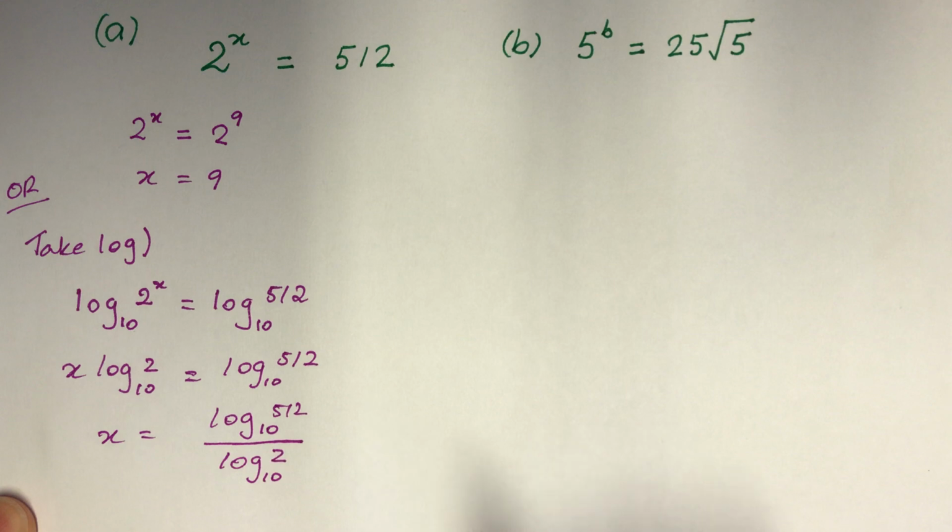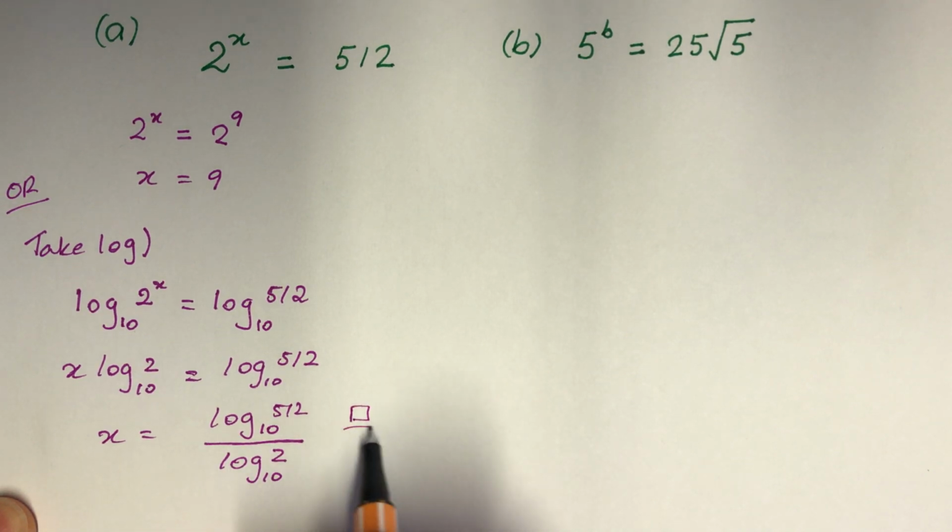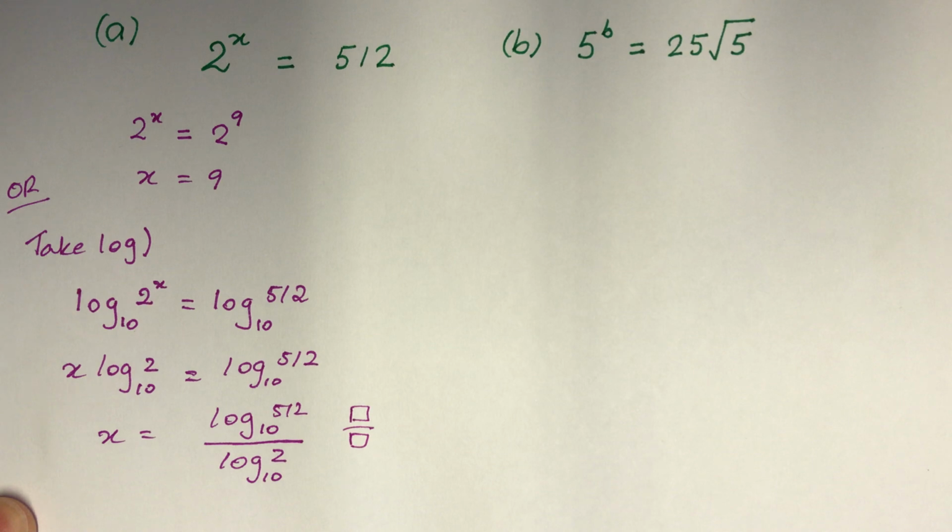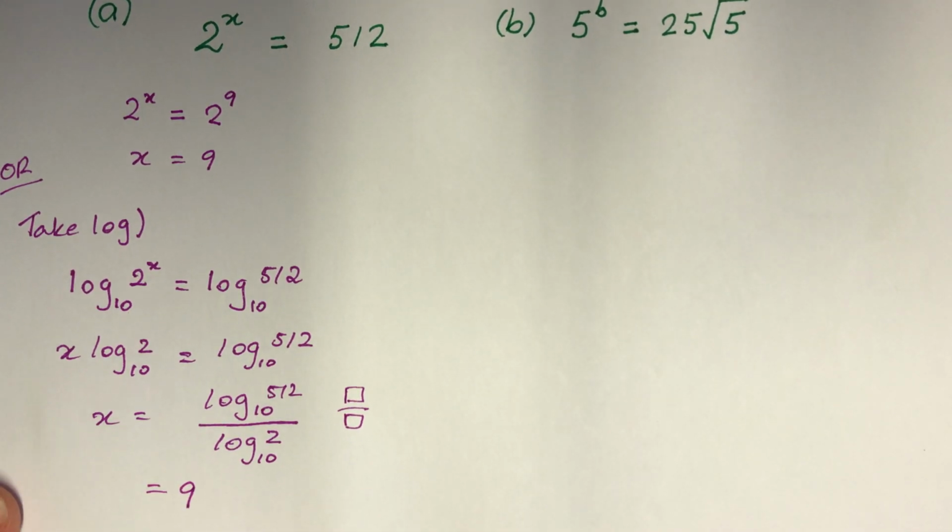Log base 10 is what we have in the calculator, so don't worry too much about that. You just have to put it in a fraction form. Remember, in the calculator, fraction form, mode, and just put log 512 over log 2, then you will get 9. So that means x is 9.